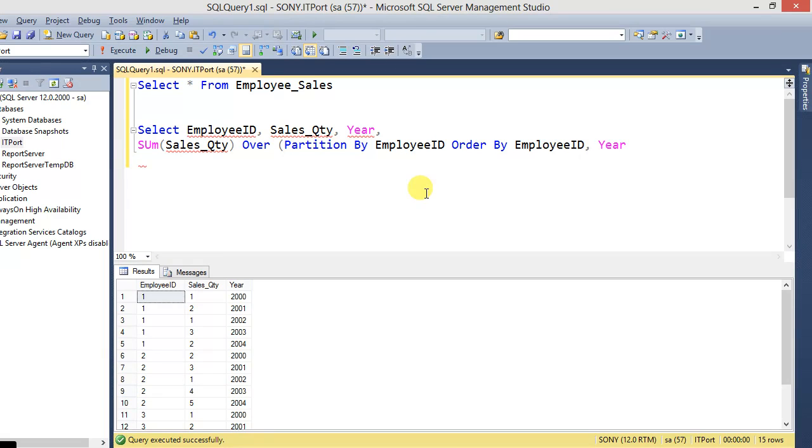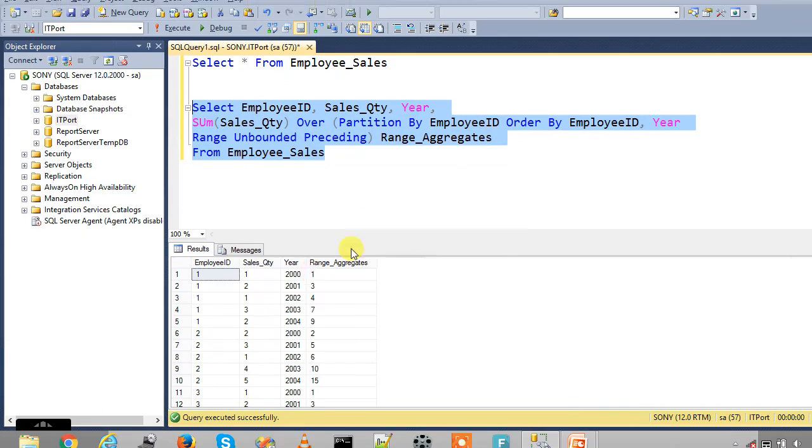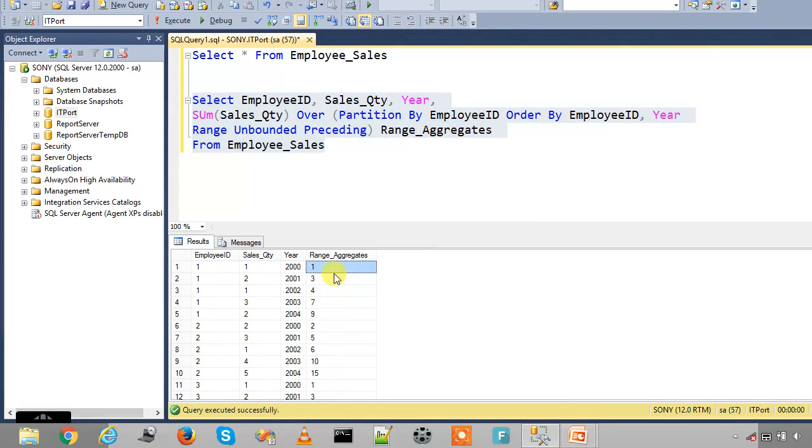Here we mention RANGE UNBOUNDED PRECEDING. So it's a range aggregate from employee sales. It gives results like this.